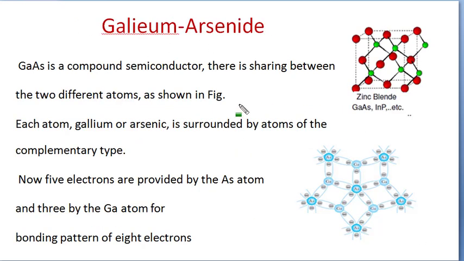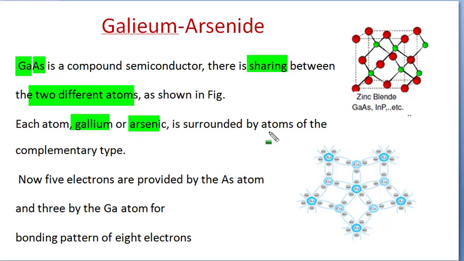Gallium arsenide also has covalent bonding, but now electrons are shared between 2 different atoms. One is gallium and the other is arsenic. Now each atom, whether it is gallium or arsenic, is surrounded by atoms of the complementary type. That means arsenic is surrounded by 5 gallium, whereas one gallium is surrounded by 3 arsenic.